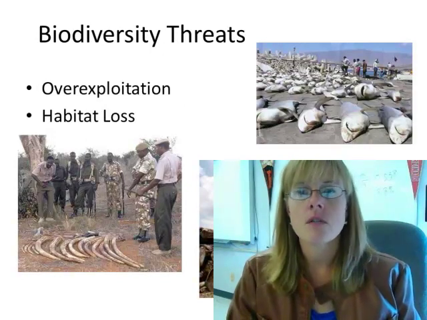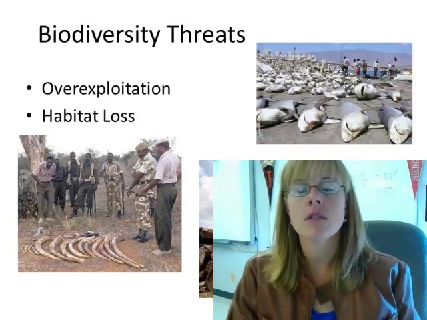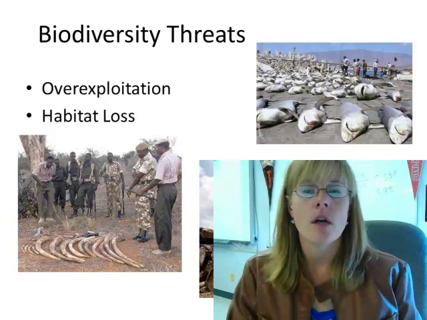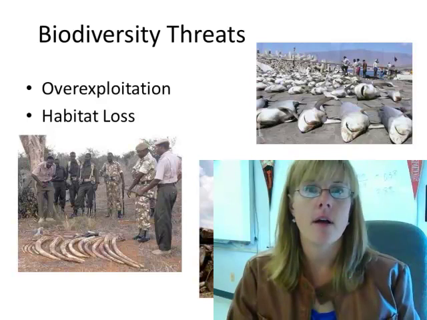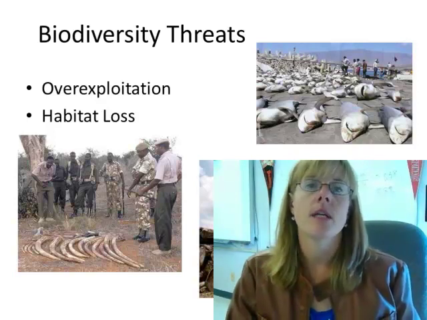Another threat to biodiversity is overexploitation. We are killing thousands and thousands of sharks because of different cultures that use them. We are overexploiting tusks, and with high ivory sales, elephants are being overexploited.